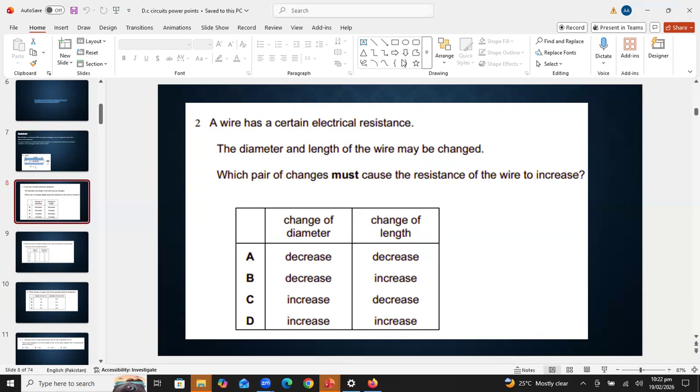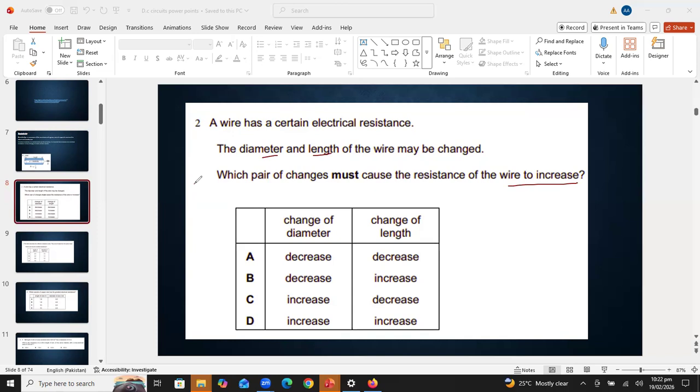They are saying a wire has a certain electrical resistance, and the diameter and length of the wire may be changed. We know that length and resistance are directly proportional, and diameter square and resistance are inversely proportional. Which pair of changes must cause the resistance of the wire to increase?